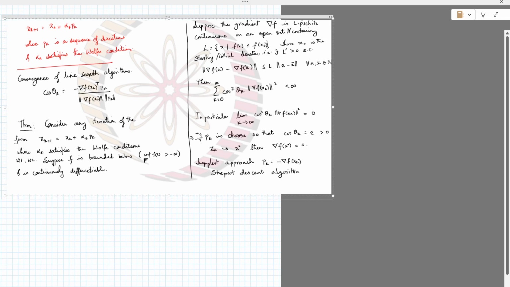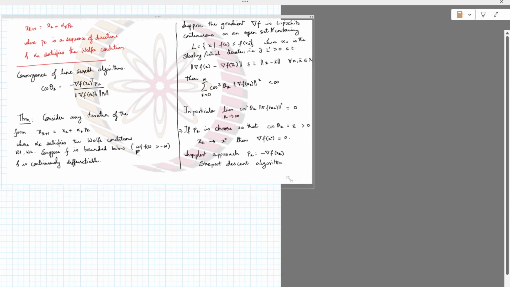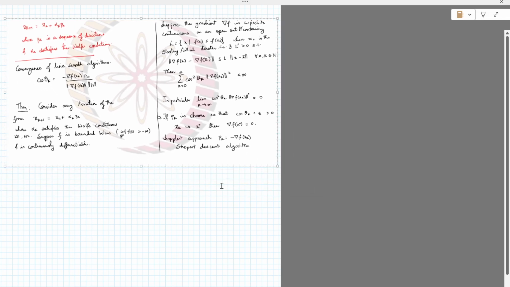So when this condition is satisfied, then you get this condition. Okay, so basically it helps in convergence.